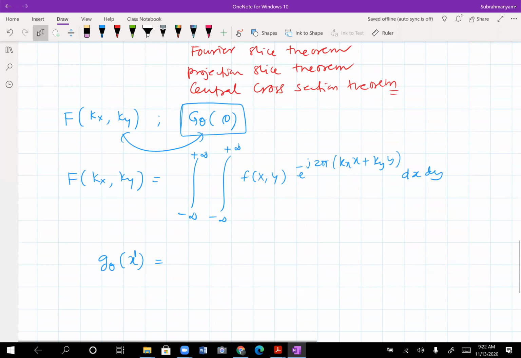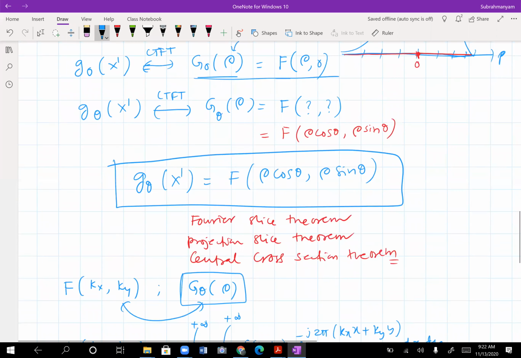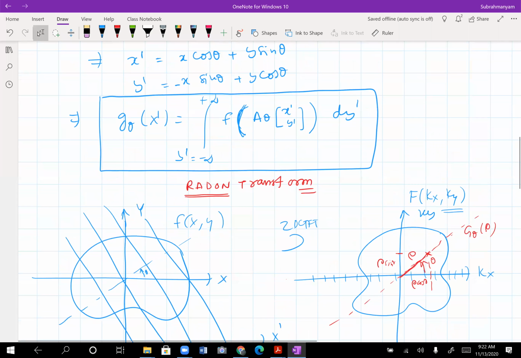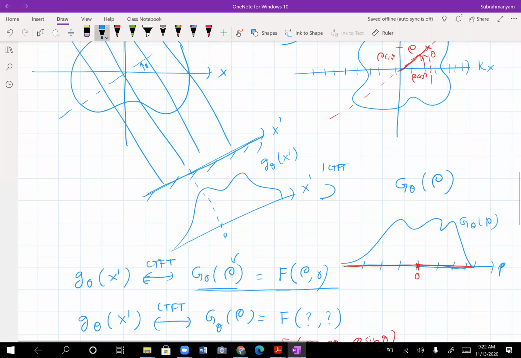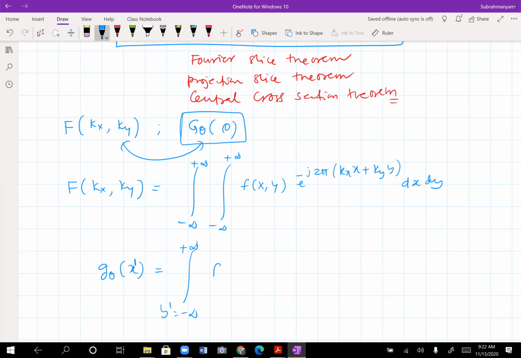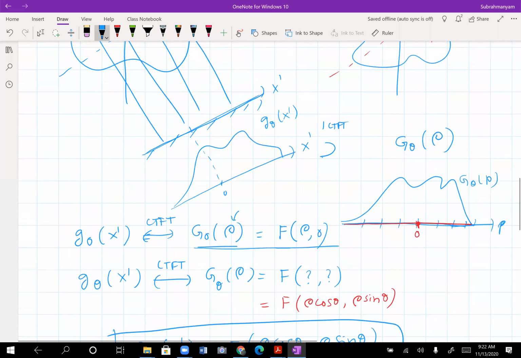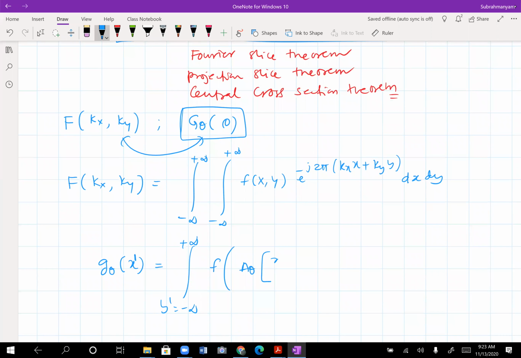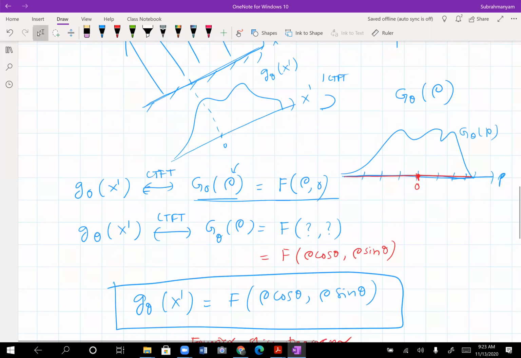We should be very careful not to mess up x and x prime. Please work out along with me in your notebooks. g theta of x prime is the integral with y prime varying from minus infinity to plus infinity of f of x prime y prime at angle theta, dy prime. I'm just rewriting the expression which we have done here.